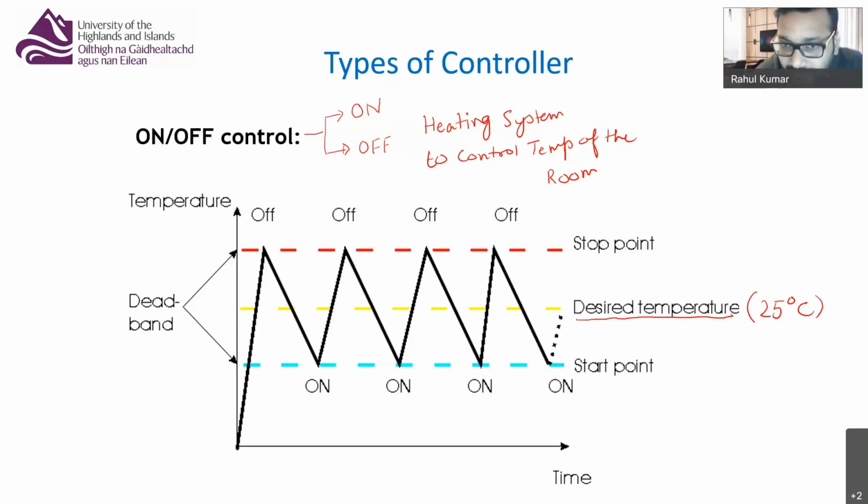So for designing an on-off controller, I will select 2 points. One of them is called the start point and the other one is called the stop point. Let's say if the temperature of my room falls to 15 degrees centigrade, I want my heating system to turn on.